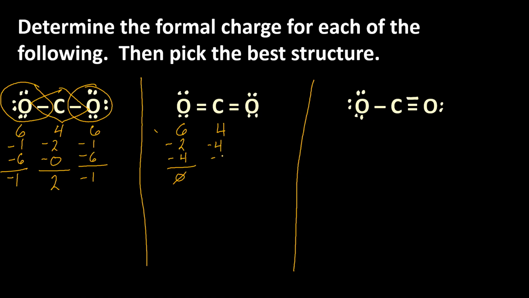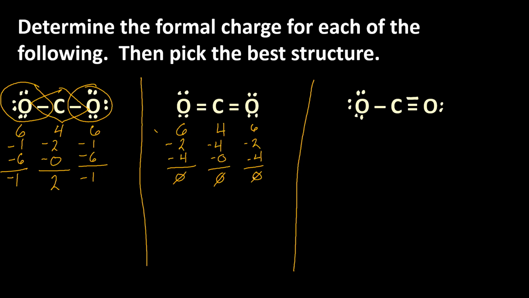Any electrons? Nope. So 4 minus 4 is 0. And the oxygen on the right, since it looks like the one on the left, I'm not surprised that we end up with the same numbers. We get straight zeros. That's looking pretty good, because what was that first bullet point I gave you? Yeah, best case scenario, all zeros. But I'm not certain if that is best of the best until I've tried it all.